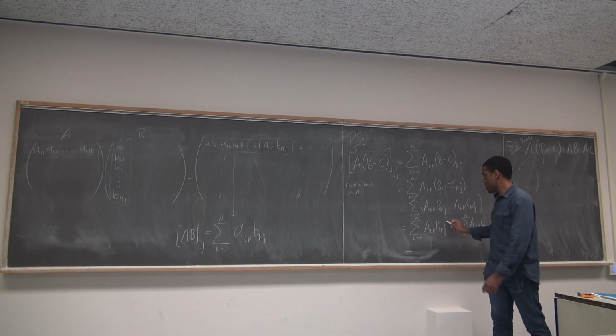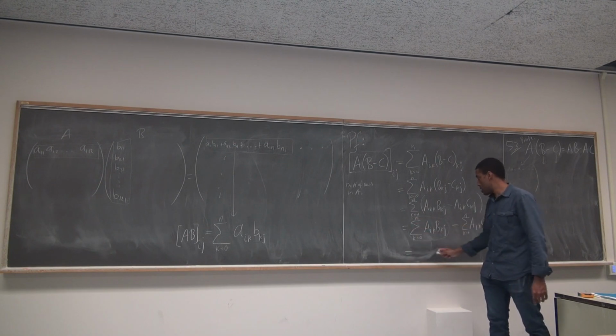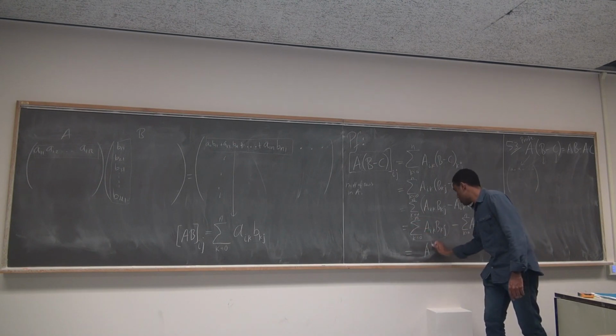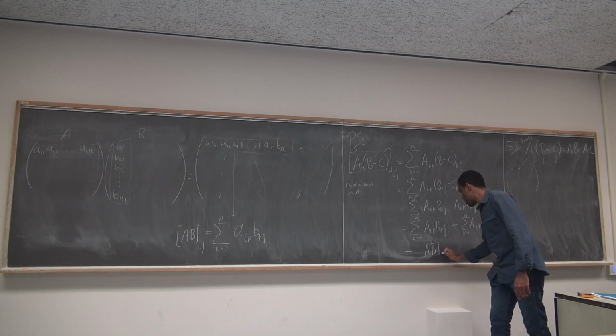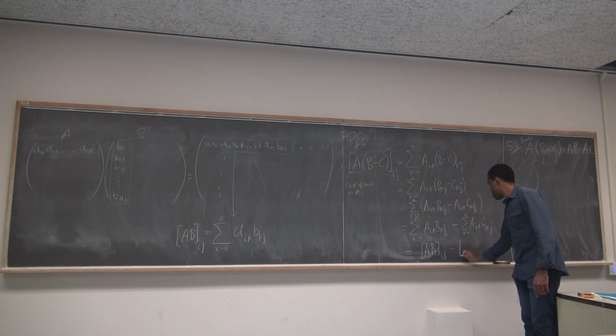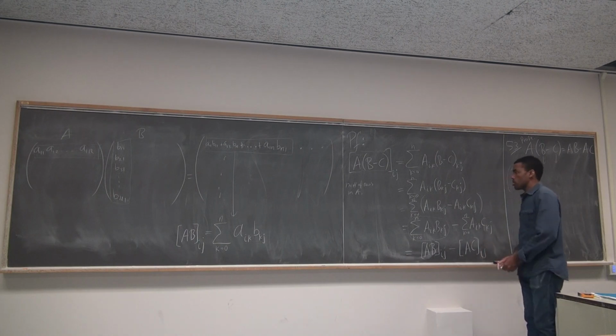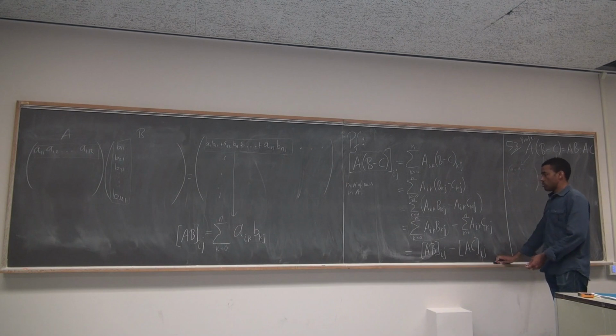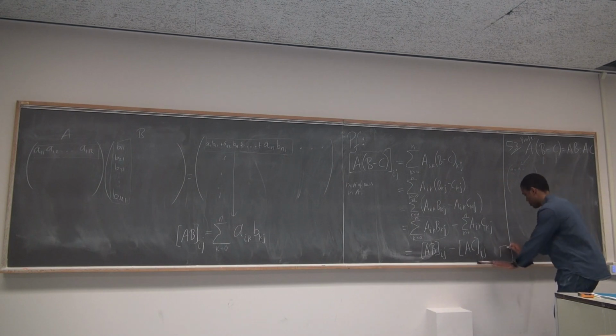Now this guy here, I recognize as the ij element of A times B, minus the ij element of A times C. And that's it.